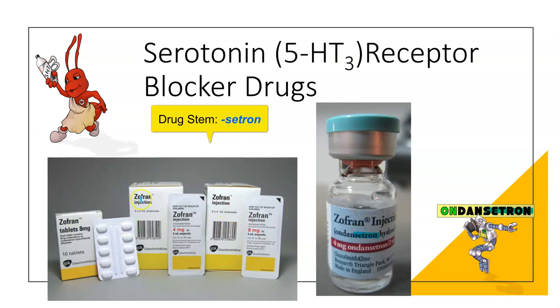We see that it's available as an injection. It comes in tablet form. It comes in multiple forms. It comes as an orally dissolving tablet, so that it will help with nausea and vomiting. So if you ever see the drug granisetron, you're like, oh, I don't know what that drug is. But you know it ends in setron. You know what it's used for, because you can make that association.